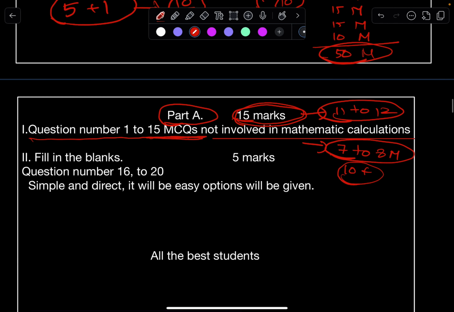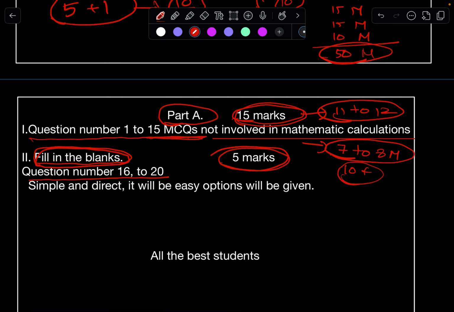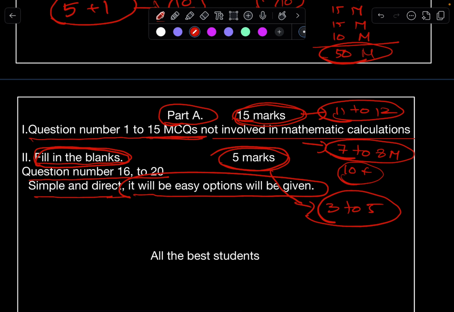And coming to the fill in the blanks. This is the easiest section to get 5 out of 5, because question number 16 to 20 are simple, direct, and options will be given. So definitely you can get 3 to 5 marks.